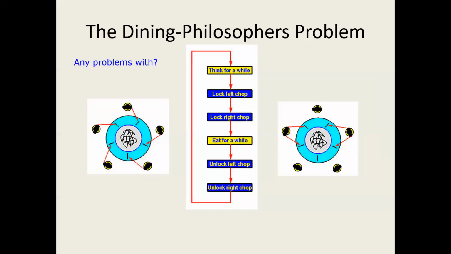Why? Because all of them get hungry at the same time and start holding the chopstick to the left first, then the right. So everyone will hold the chopstick to the left immediately, then search for the right-hand side. But at that time, the right-hand chopstick is already acquired.